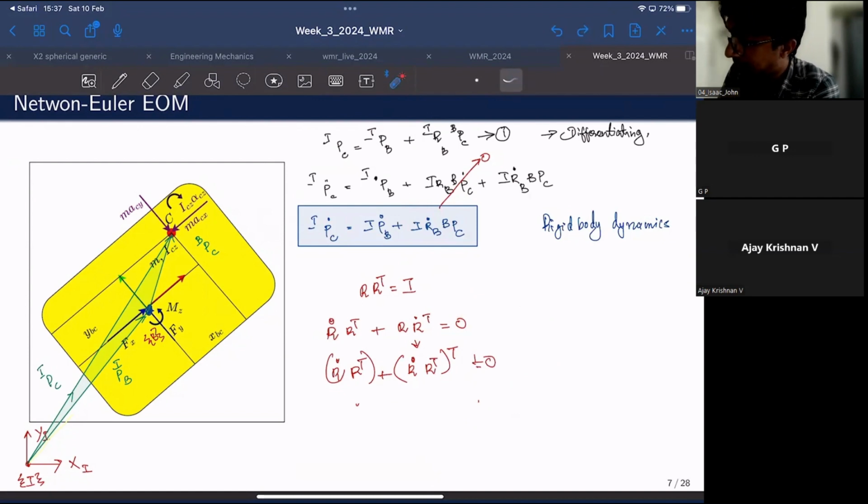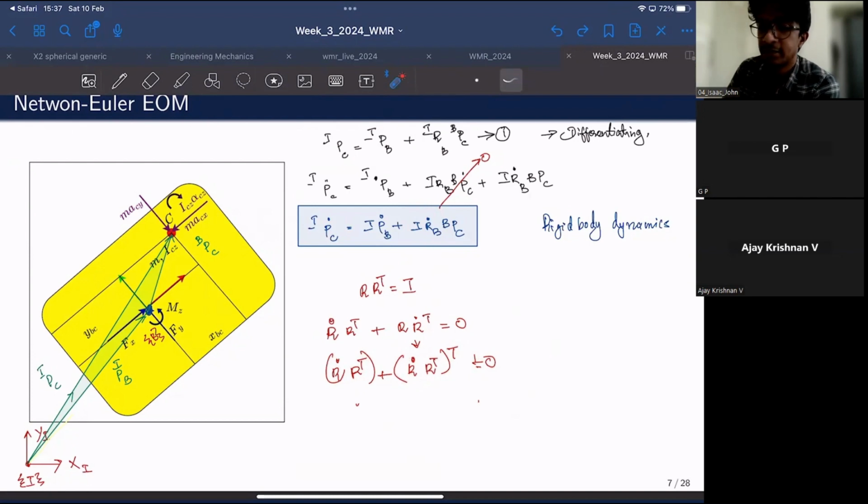So we have a matrix here, R dot R transpose, and we also have the same matrix, R dot R transpose, the whole transpose. The sum is 0. So when will that happen?